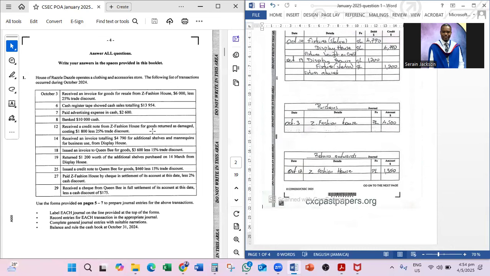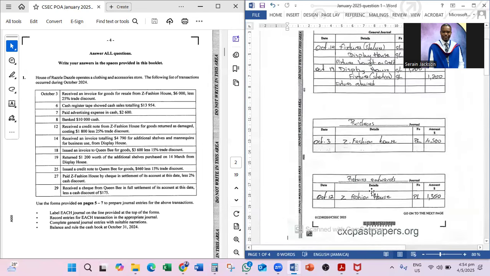All right. So we have our return outwards journal there, right? As you can see, in our return outwards journal, October 12th, Z Fashion House, they have PL in the folio column, because that is where Z Fashion House's account would be, and you have 1,350. You may be wondering, how is it that I have 1,350?